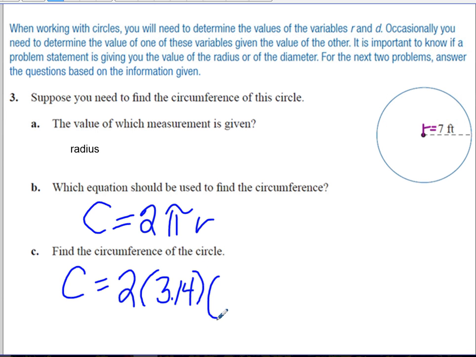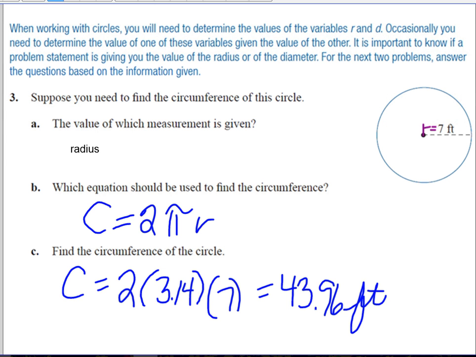And the radius here is 7. And so when we multiply those together, we get 43.96. And our units are in feet. So just like perimeter, we have singular units, just feet, not feet squared. That's for our area.